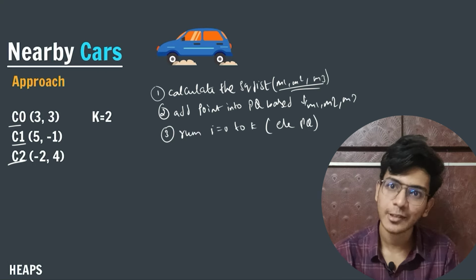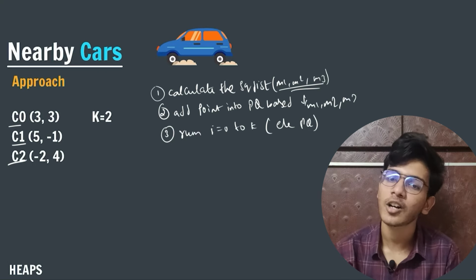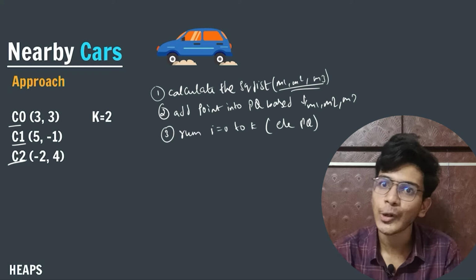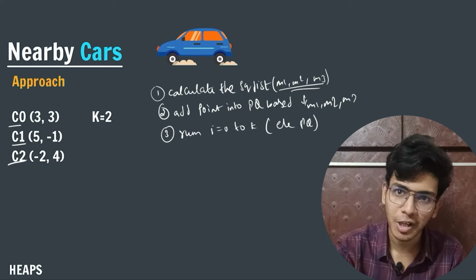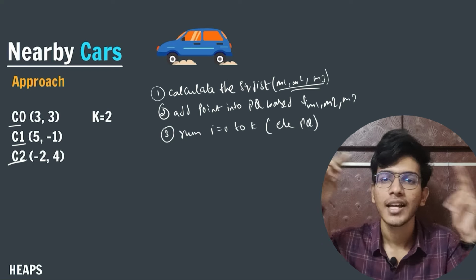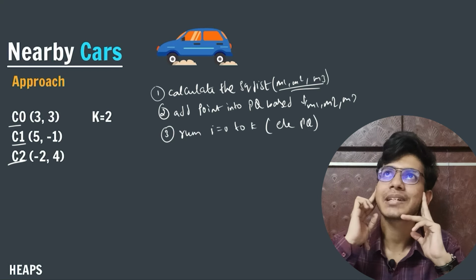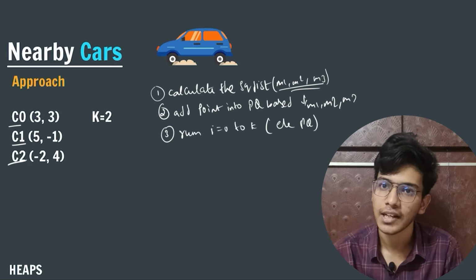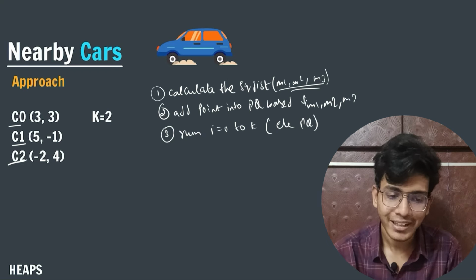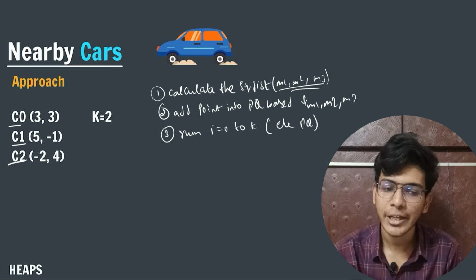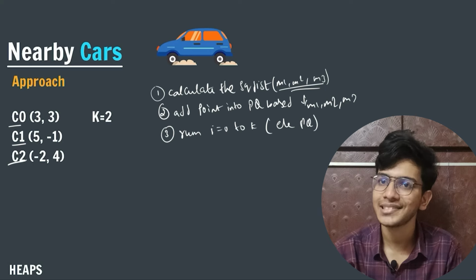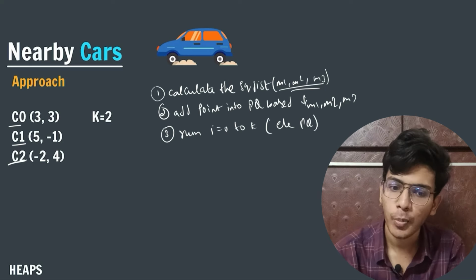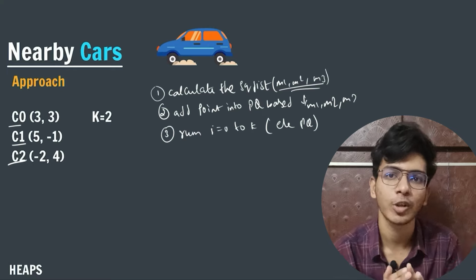So here I don't need to sort, and I don't need to apply any greedy algorithms. If you don't know priority queue, if you don't know the concept of heaps, then you will think of greedy algorithms: oh, I need to apply some greedy algorithm here. So we can say that priority queue makes our approach a little bit easier and very simple. I hope you have understood the overall approach. Now let us code this.